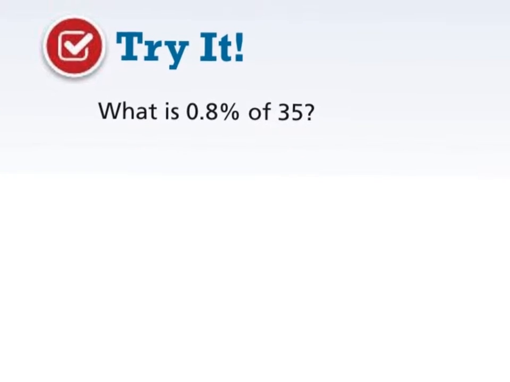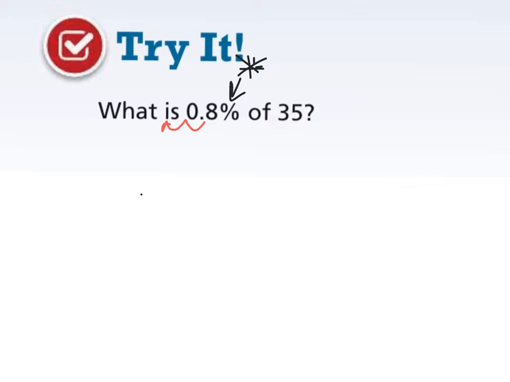So look at the try it. What is 0.8% of 35? Understand, although the 0.8% has a decimal in it, that is still a percent. So we need to change that from a percent to a decimal before we multiply. So as we discussed earlier, the decimal will go 2 places to the left.